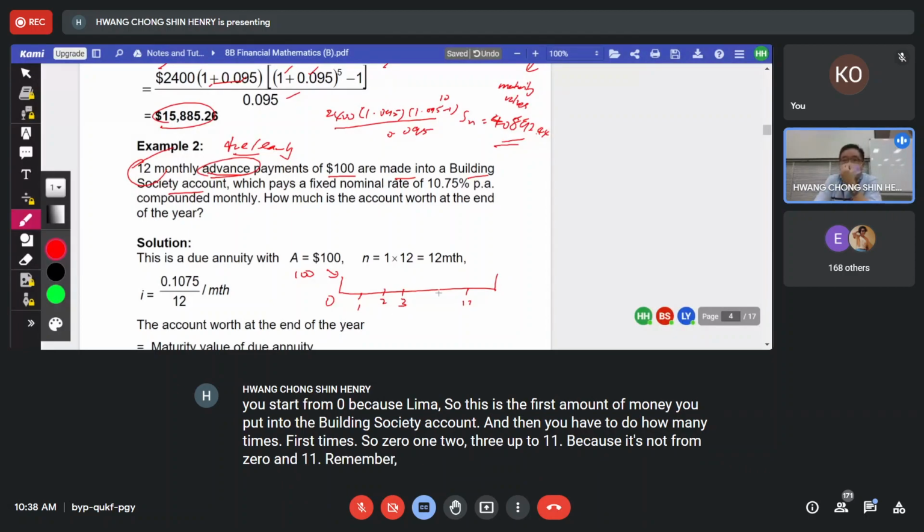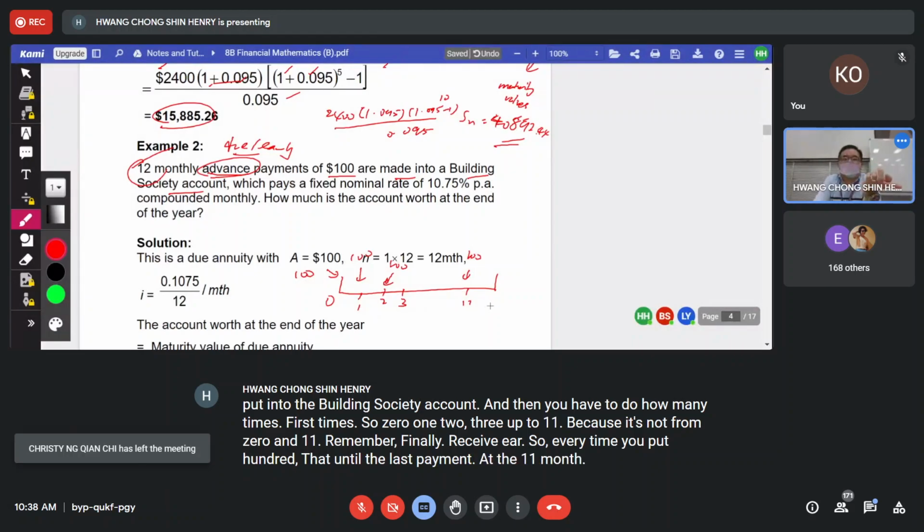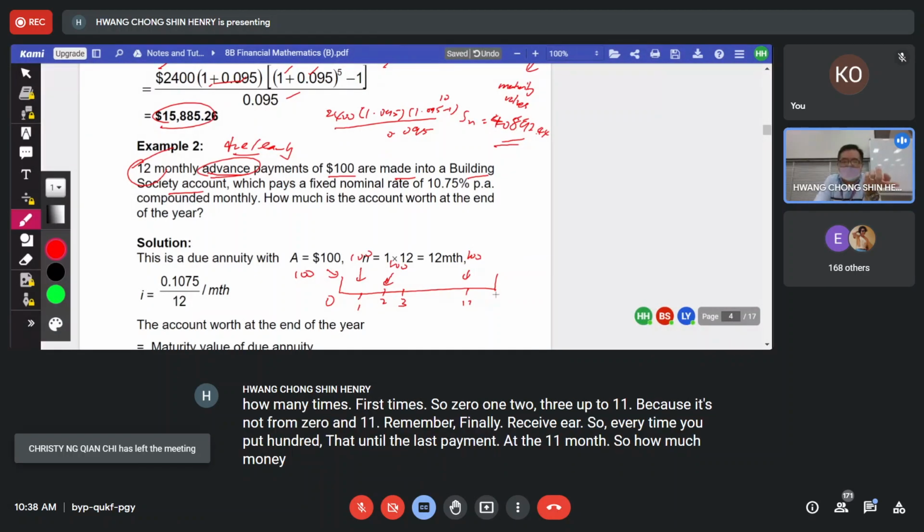Remember? Start early, receive earlier. So every time you put 100, until the last payment at the 11th month. So how much money altogether do you receive here? This is your maturity value.